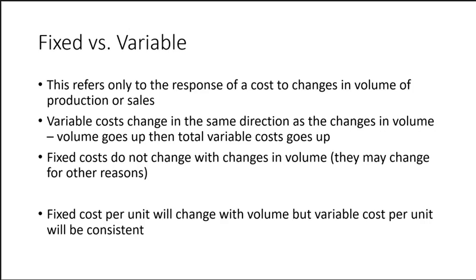On the other hand, we generally can think that variable costs are not going to change per unit. So if we need two wheels per bicycle to assemble bicycles, and we determine that wheels are a variable cost because they go up with volume. As we make more bicycles, we're going to need more wheels, and there's going to be a higher cost.